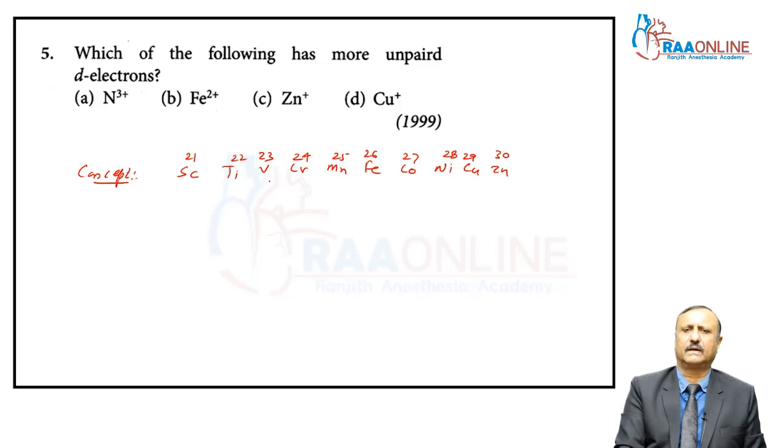When you see iron here, 26, the electronic configuration is 3d6 and 4s2, and when 2 electrons are removed from this, you get 3d6 and 4s0. So my dear students, here you can see 3d6, you fill the electrons in the d orbitals, 1, 2, 3, 4 and 5.